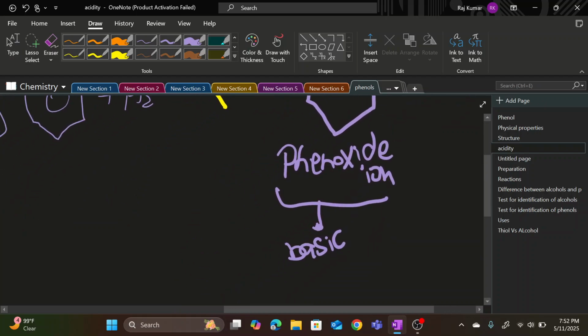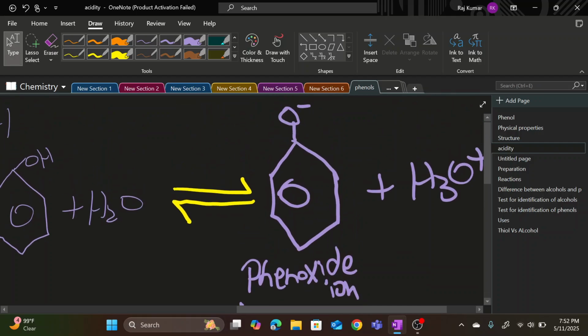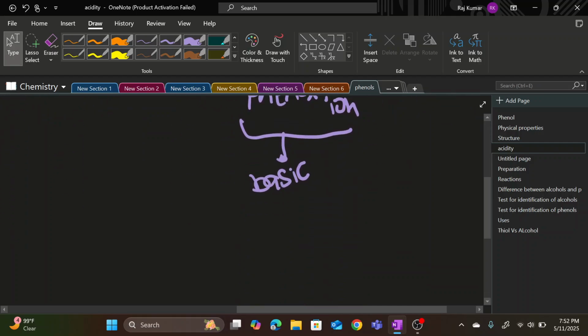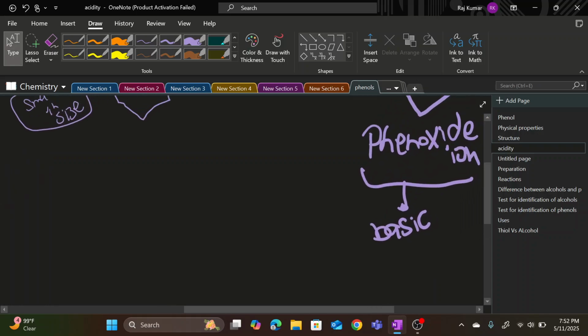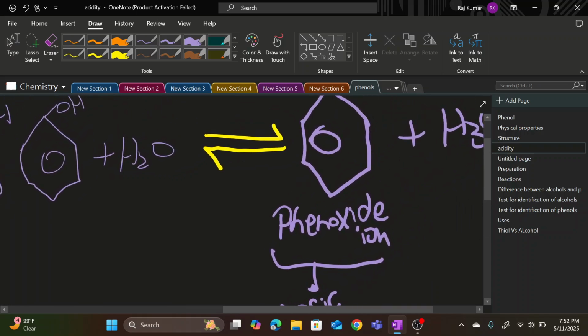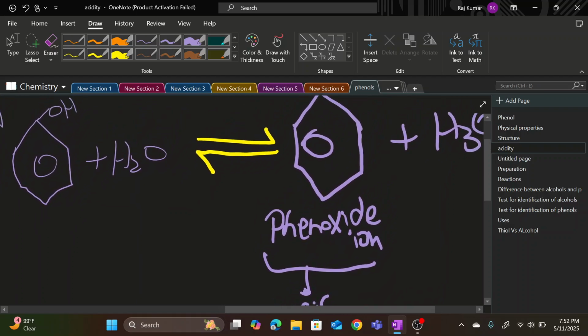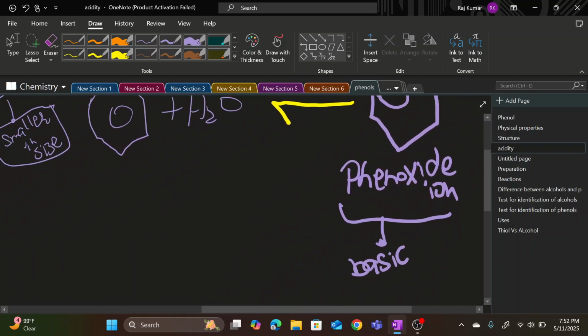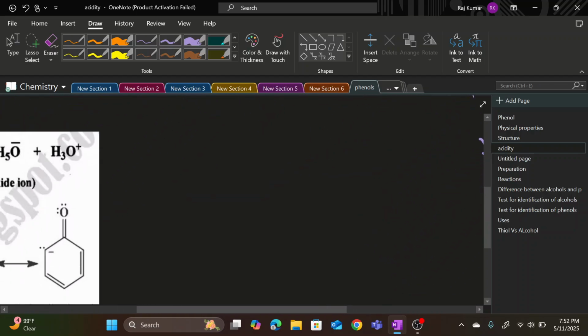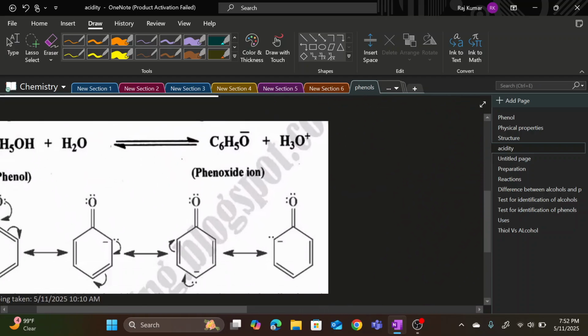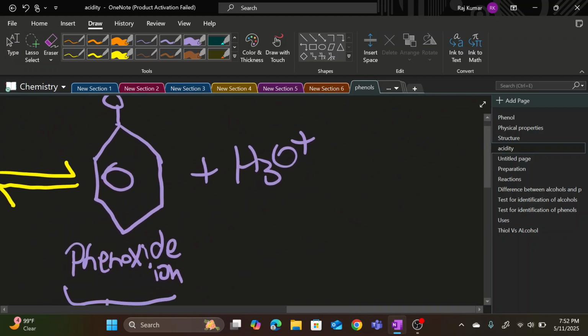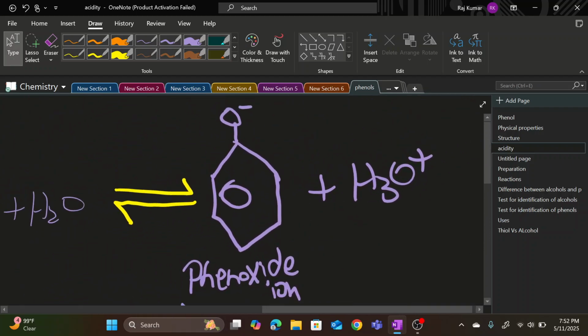Now let's look into the phenoxide ion. The phenoxide ion is basically a conjugate base, and we have understood that whenever the conjugate base is stronger, there would be less acidic characteristics. If we look into the structure of phenol, it has something we call resonance. What is meant by resonance?